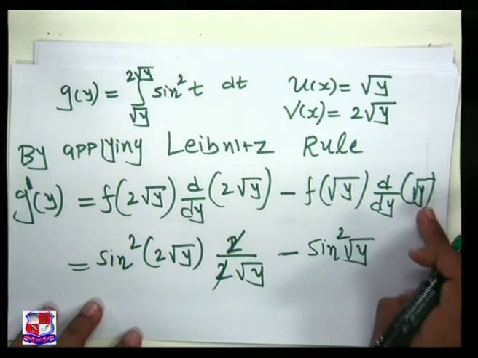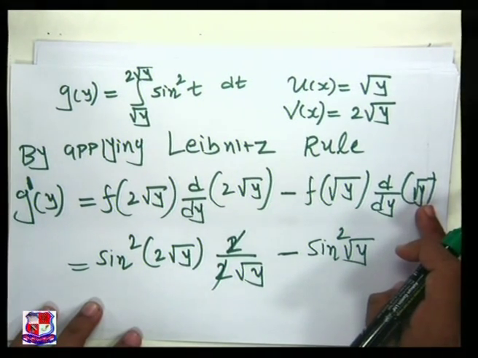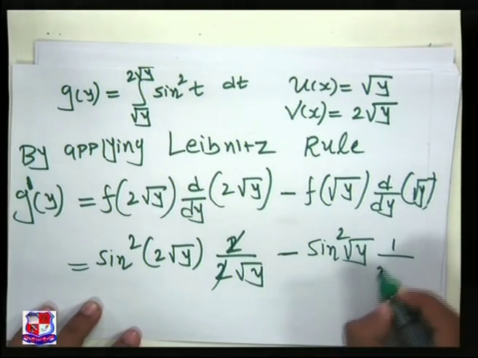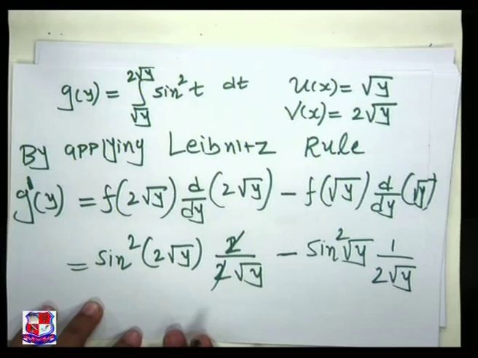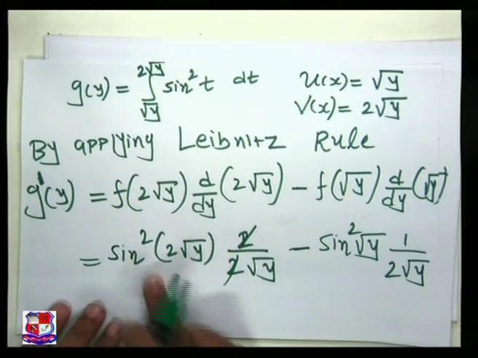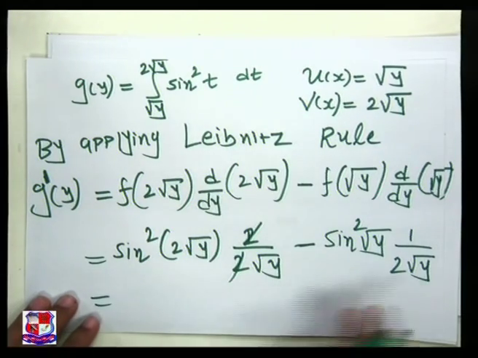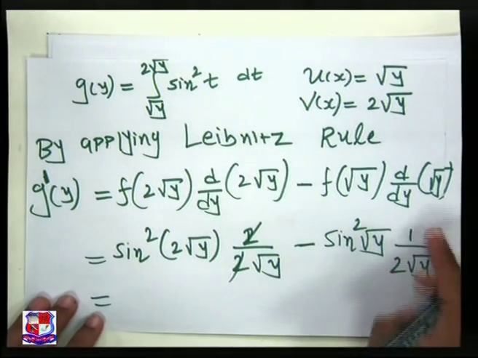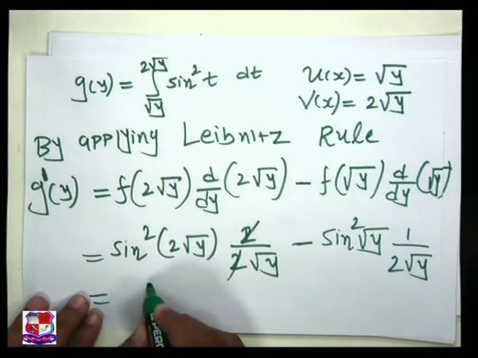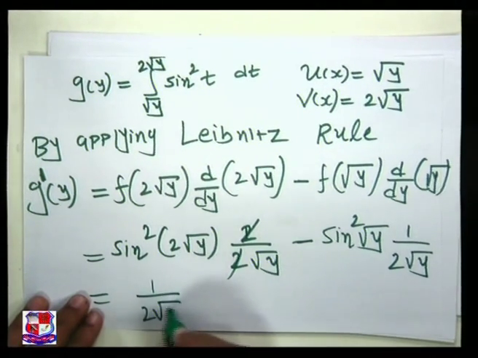If we write this term properly, then 1 upon 2 root y will be common.